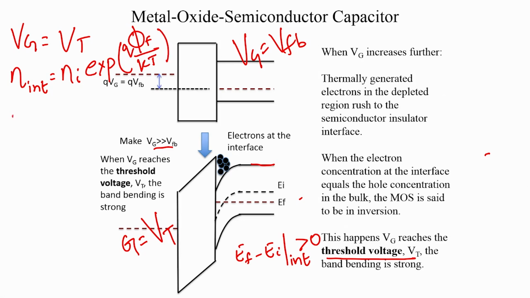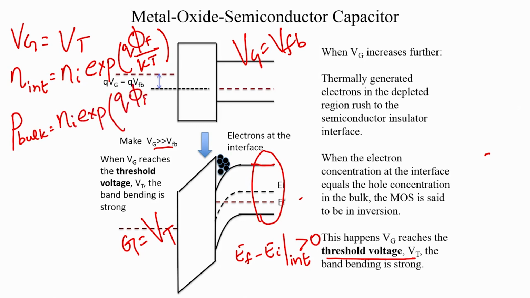What is the number of holes in the bulk? P in the bulk is Ni exponential of q phi f by kT again, because Ei minus Ef is q phi f. And at Vg equal to Vt, we said that this difference is also q phi f, and hence the electron population is this.